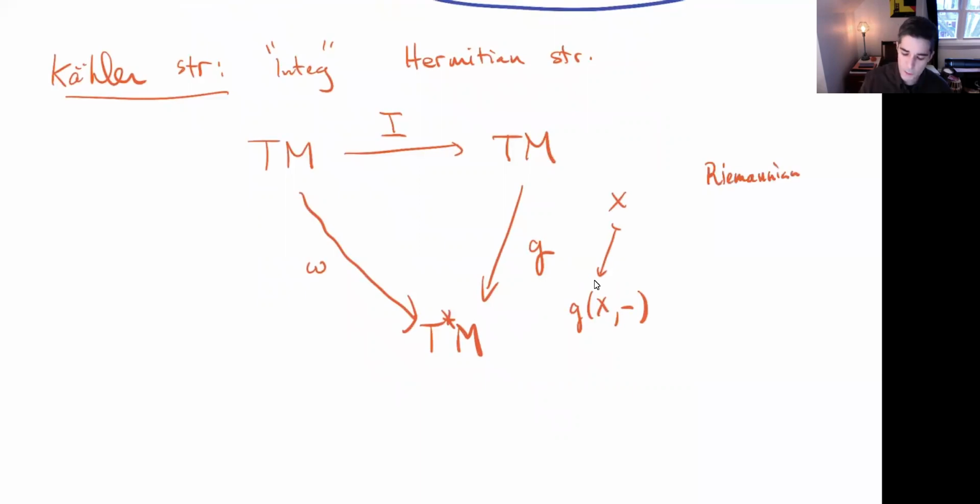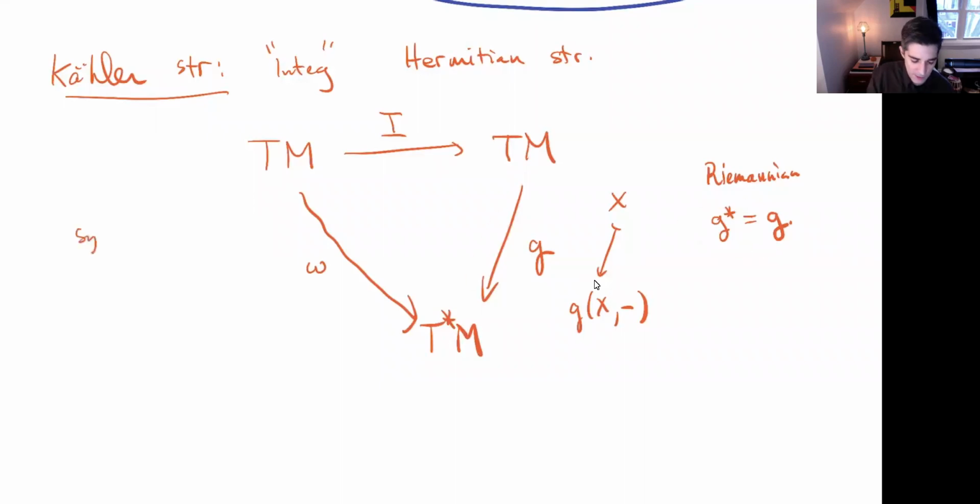What is a Riemannian metric? It's a map like this from T to T star, which is self-dual. If I dualize this, it will go from the dual of this to the dual of this, and that's the same direction, T to T star. So it makes sense to require this.